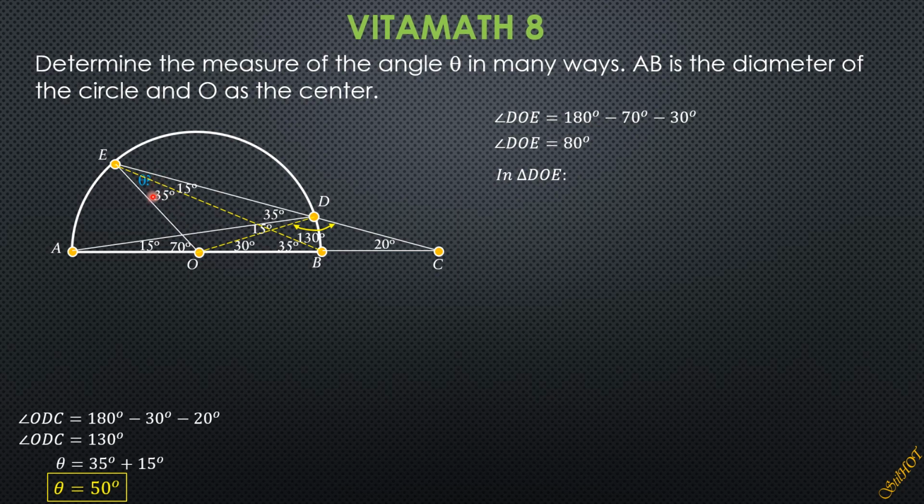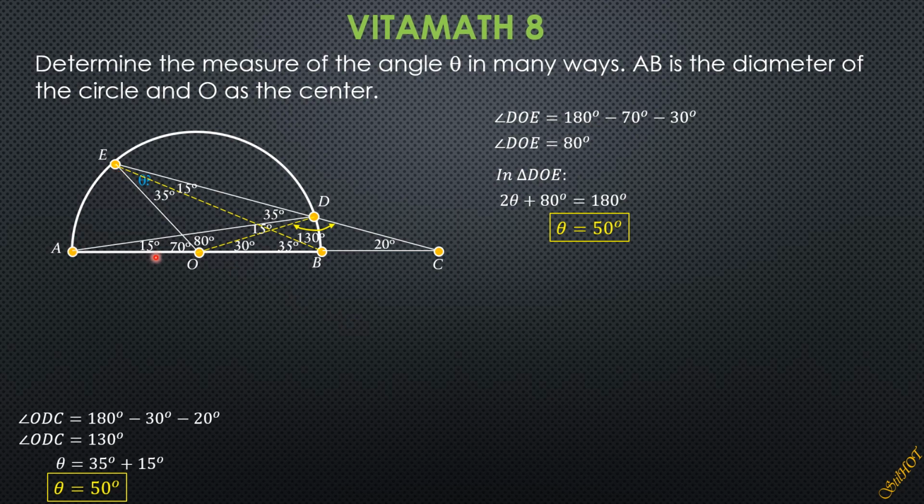So let us say that is theta, this is also theta, and we have found this which is equal to 80 degrees. So therefore, in this triangle, theta plus theta, 2 theta plus 80 equals 180 degrees. So 2 theta plus 80 degrees equals 180 degrees. Minus 80 is 100 degrees divided by 2. So theta is equal to 50 degrees.